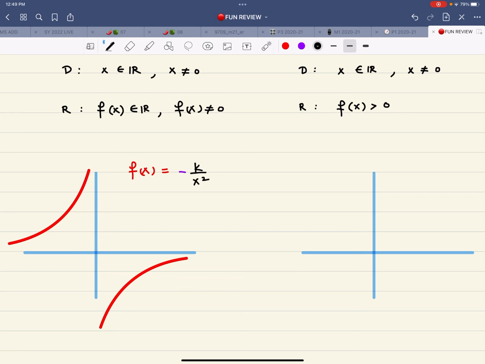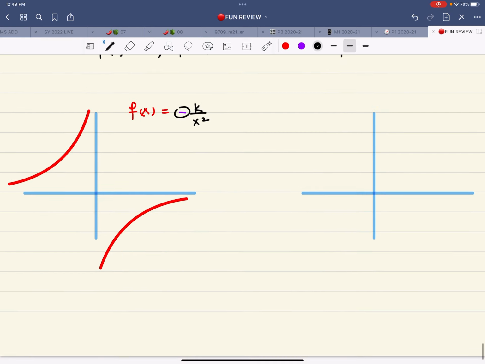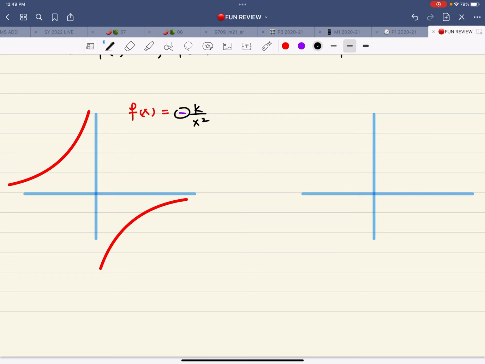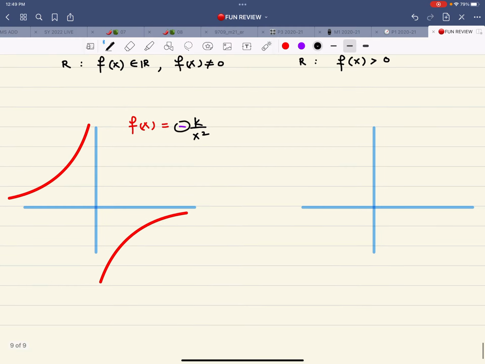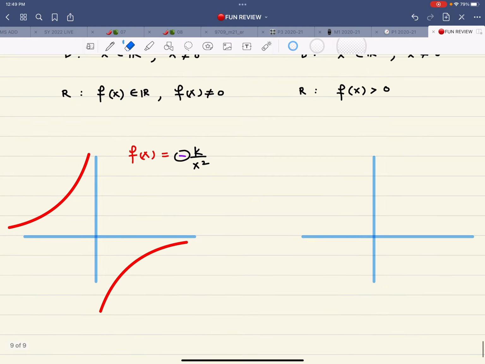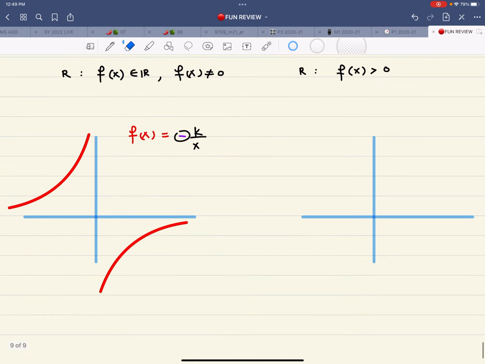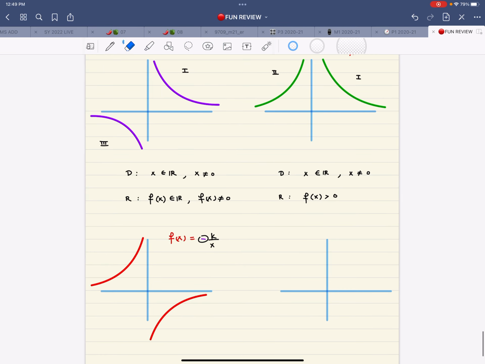Because of this negative sign, it gets flipped in the x-axis. My bad, so therefore, this is f(x) equals k over x. Perfectly right. The first quadrant gets flipped into fourth and the third gets flipped into second. So this is fourth and this is second.